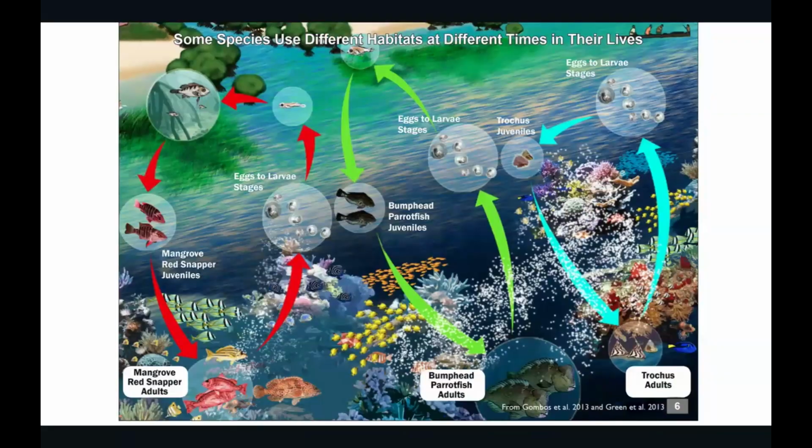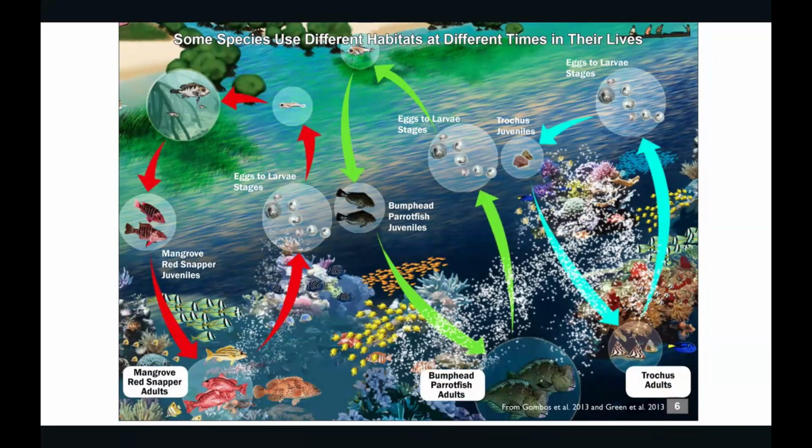And not only is the size important, but the location is also important in understanding what it can achieve. So many species use different habitats during different times of their life. When they're larvae, they're just babies, or juveniles, all the way to adults, they're using different habitats.